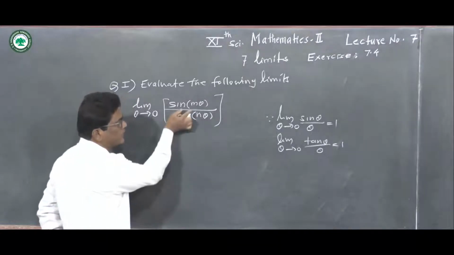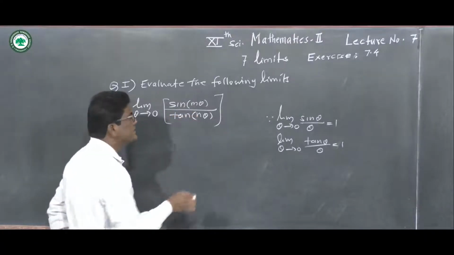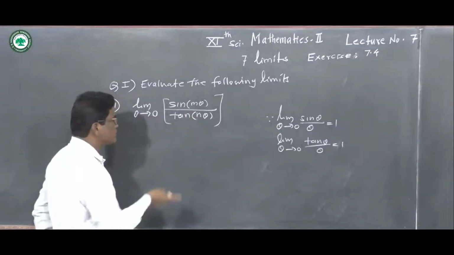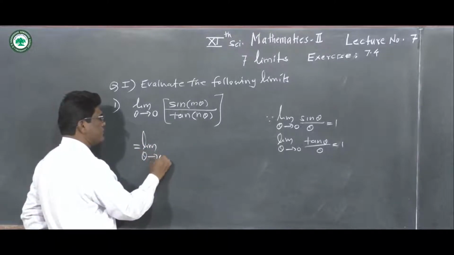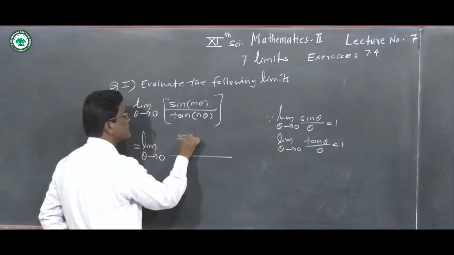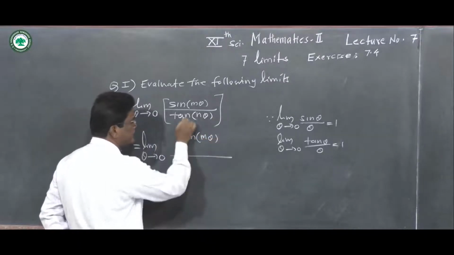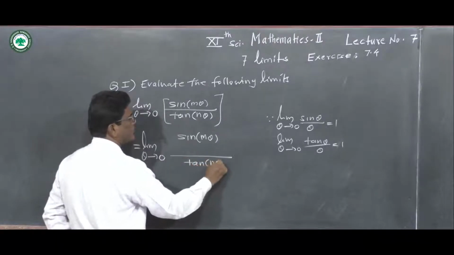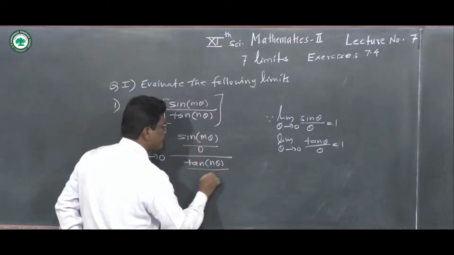So commonly we have to divide numerator and denominator by theta. So it is equal to limit as theta tends to 0, we divide the numerator, that is sine of m theta, and the denominator, tan of n theta, by theta.